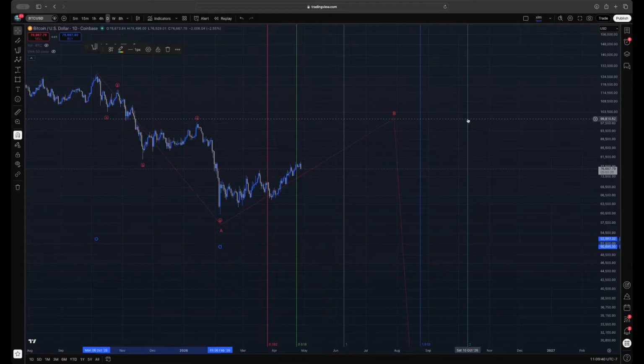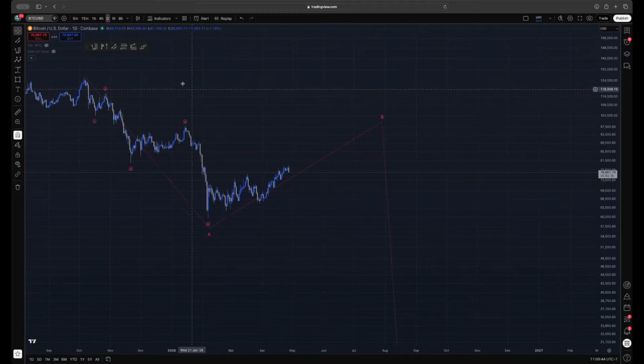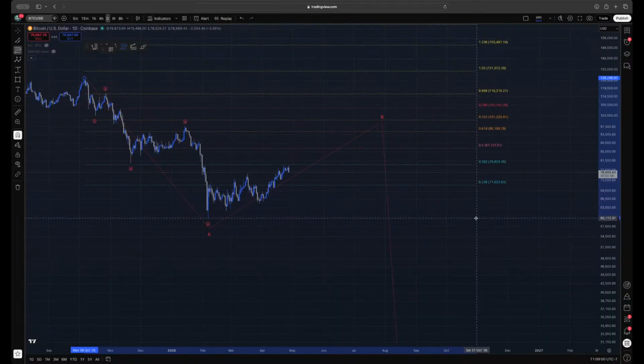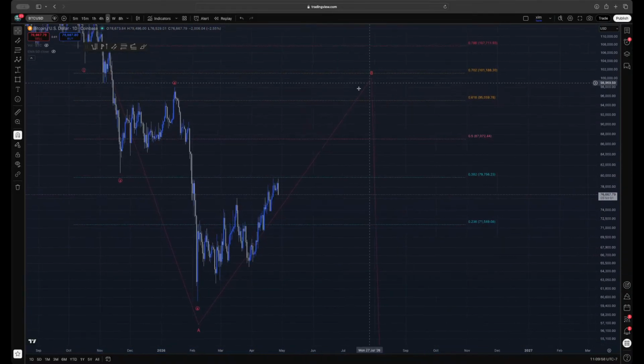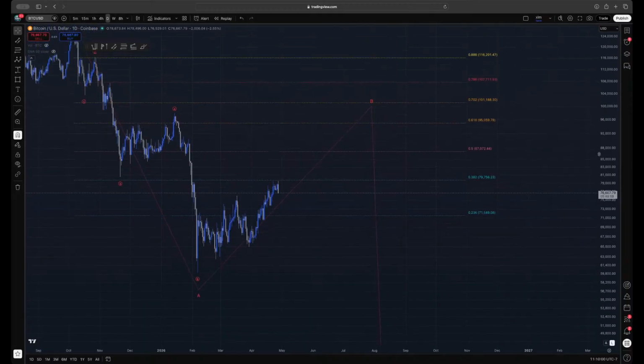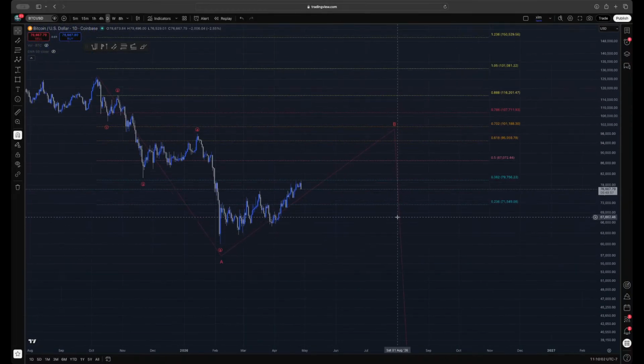Does that mean it has to take that long? No, these are just estimates, correct? So if we're looking for a B wave up, those B waves typically always make the 382 retracement, which it has nearly. I would say you've licked it, you just missed it. But I would say we typically get a little bit more. So we may or may not get it, but we'll be watching.